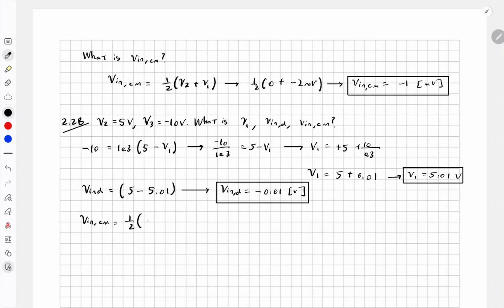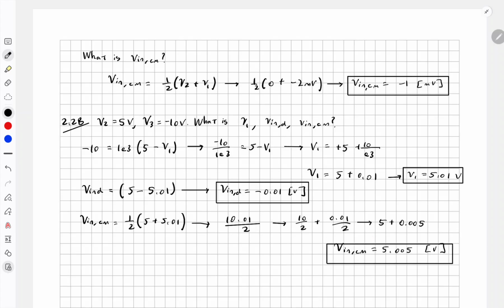V2 is 5 plus V1 is 5.01, so we have 10.01 divided by 2. That's 10 over 2 plus 0.01 over 2, which is 5 plus 0.005. So V in CM is equal to 5.005 volts.